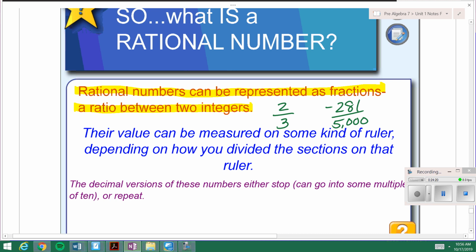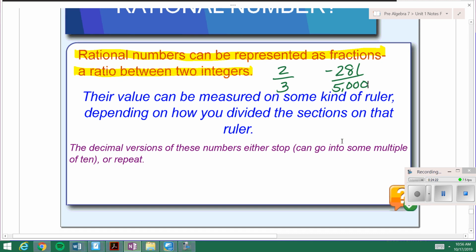So if you have a fraction like 1/3 or a fraction like 1/4, their decimals will either stop, like 1/4 does, 1/4 is 0.25, or they'll repeat like 1/3 does, 0.3 repeating, goes on forever and ever and ever.